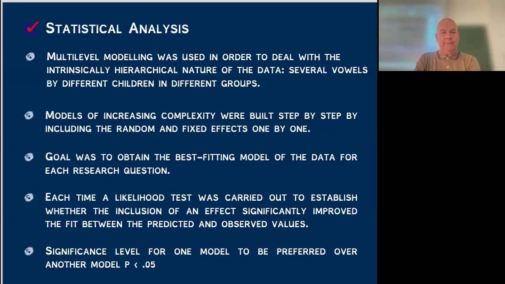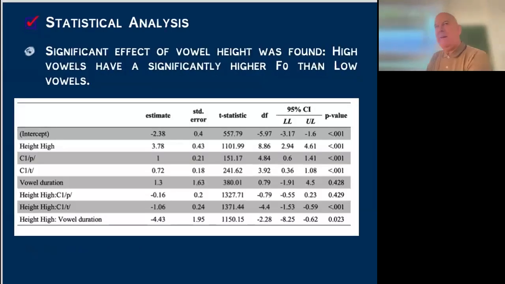All right, what are the results? So this is one aspect of the statistical analysis. And what we can say is that we find a significant effect here of vowel height on intrinsic vowel pitch. So the high vowels have a significantly higher F0 than the low vowels in this data set.